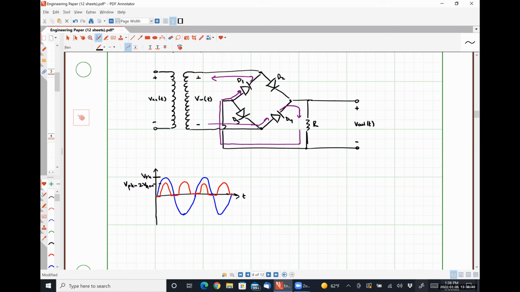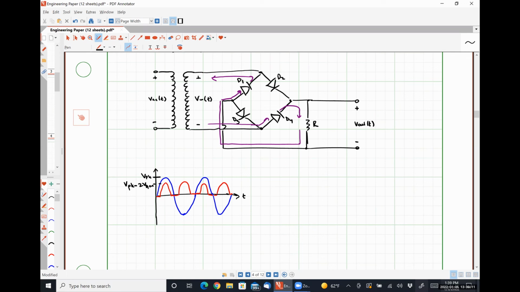You should see the other two as reverse. Yeah, and the reason why it doesn't flow through the other two is because it sees them as reverse bias. So if this was an open circuit to begin with, it had to be an open circuit again, right? And it can't flow up that way when it hits this node because this guy is an open circuit. So the same current can't say this is both an open circuit and a short circuit at the same time. Took me a second to figure that out.